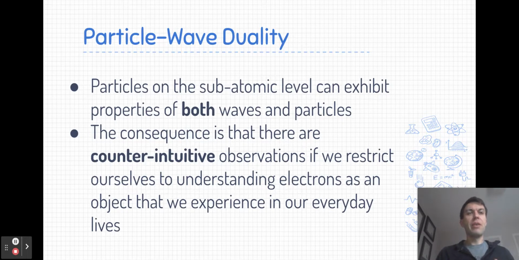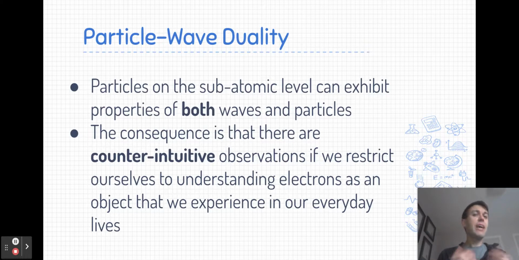When you think of waves, think about how sound and light travel as continuous waves that can change in frequency or in amplitude as they travel. So what was shown is that when we get down to the subatomic level, specifically in our case talking about electrons, these particles can exhibit wave-like behavior.